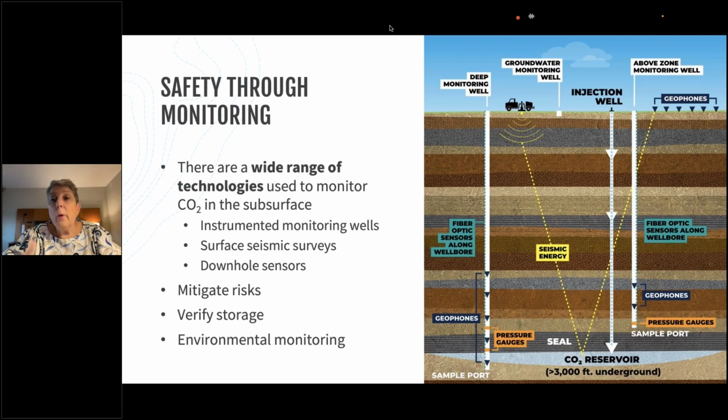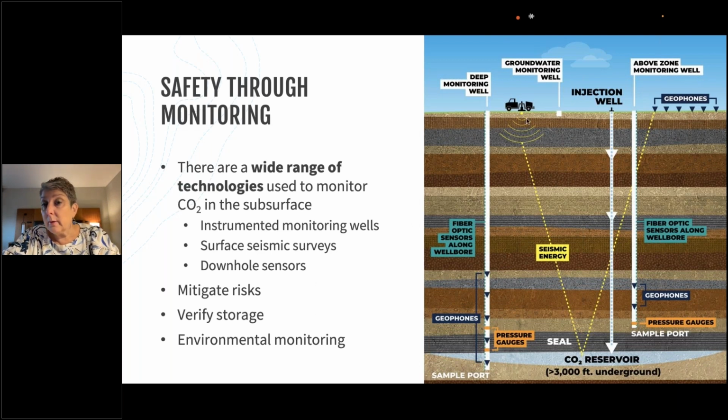That is also monitored in the post-injection years for periods usually around 50 years. So that's all done through deep wells, shallow monitoring wells, and groundwater monitoring wells, and some of the same tools that we use to characterize are the tools that we continue to use for monitoring.